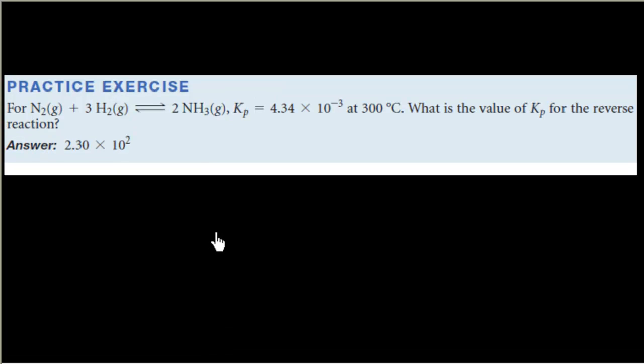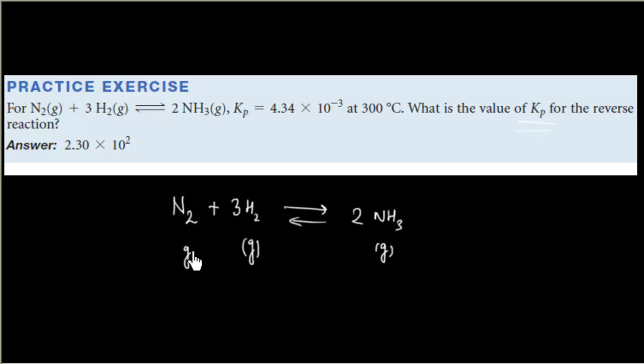This is an easy one. You just have to calculate the equilibrium constant for the reverse reaction, that is Kp. Now once again you have been given the forward reaction N2 plus 3H2, and this gives you 2NH3, and all substances are gases.